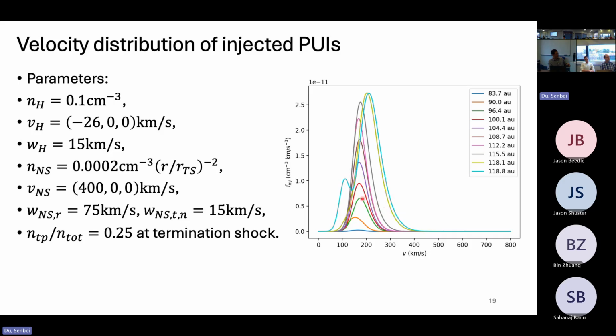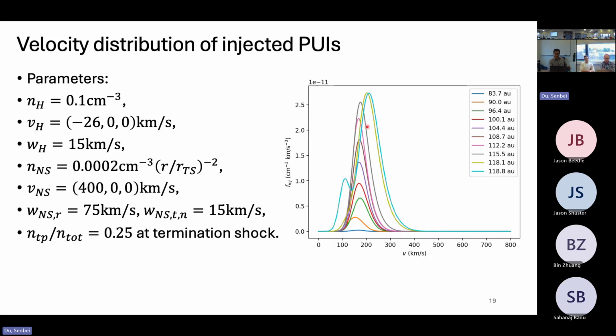And closer to the heliopause, we also see a second peak at a little bit lower velocity, and that's because the flow velocity is continuing to decrease in the heliosheath, so that the newly created pickup ions will have a lower energy near the heliopause.